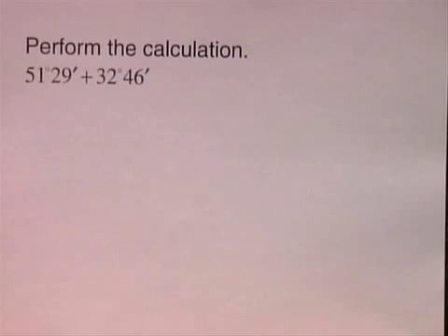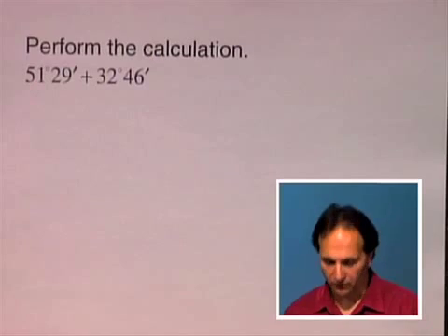In this example, we'll be performing a calculation with degrees, minutes, and seconds. Perform the calculation. 51 degrees, 29 minutes, plus 32 degrees, 46 minutes. Let's set this up in the vertical format.